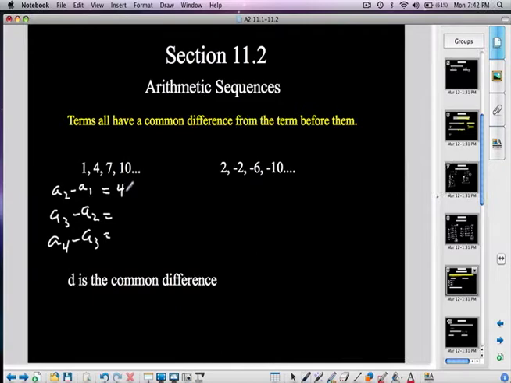So 4 minus 1 is 3, and 7 minus 4 is 3, and 10 minus 7 is 3. So you see that this number in each case is the same. That is an arithmetic sequence, because they have a common difference.